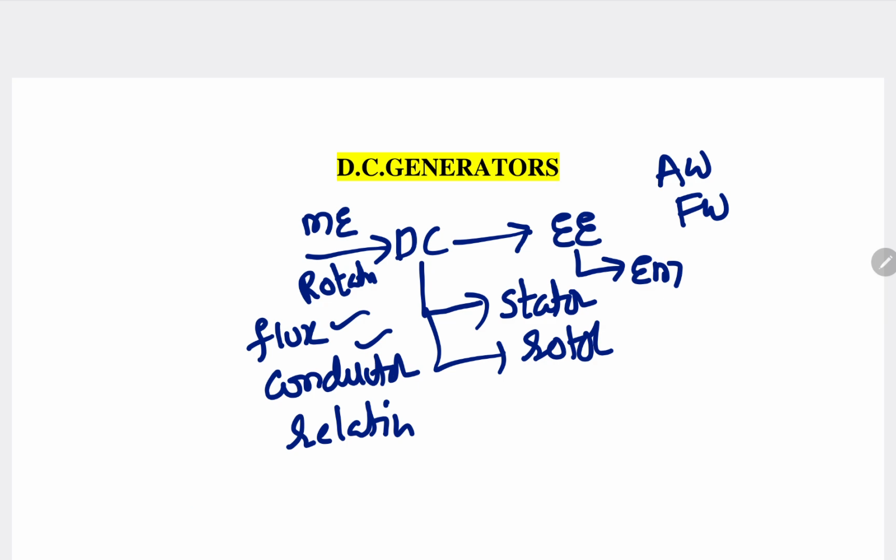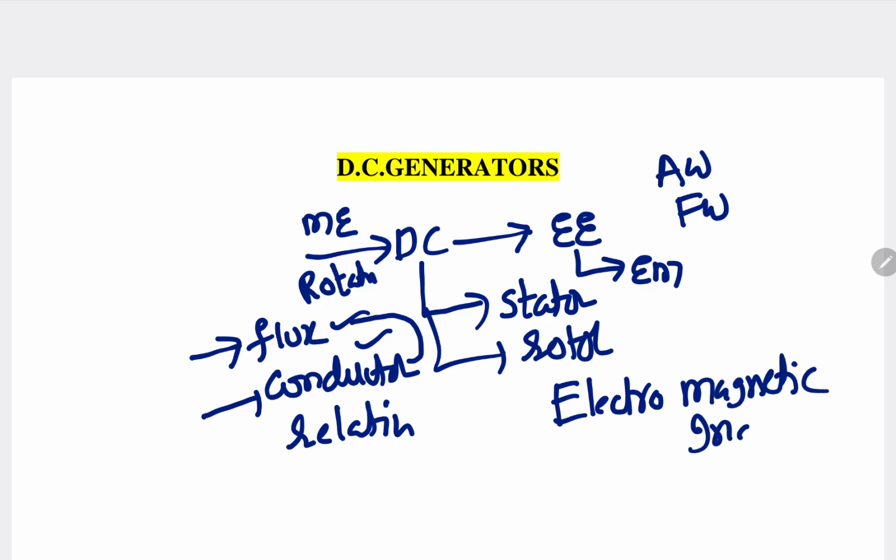In a DC generator, the conductor rotates and the flux is stationary, so there is a speed difference and EMF is induced in the conductor. So a DC generator works on the principle of electromagnetic induction: whenever a conductor cuts the flux, EMF will be induced. This rotating conductor cuts the flux, and that EMF is nothing but electrical energy.